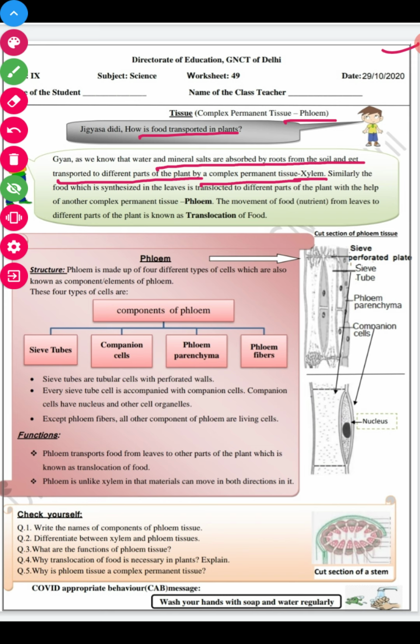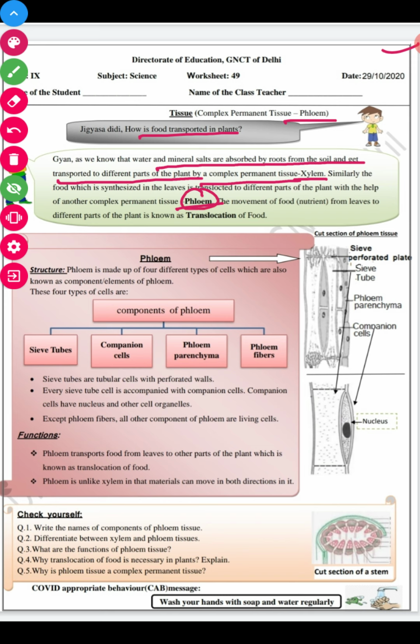Similarly, the food which is synthesized in the leaf is translocated to different parts of the plant with the help of another complex permanent tissue known as phloem. The food prepared in the leaves by the process of photosynthesis is translocated to different parts of the plant by the tissue called phloem.